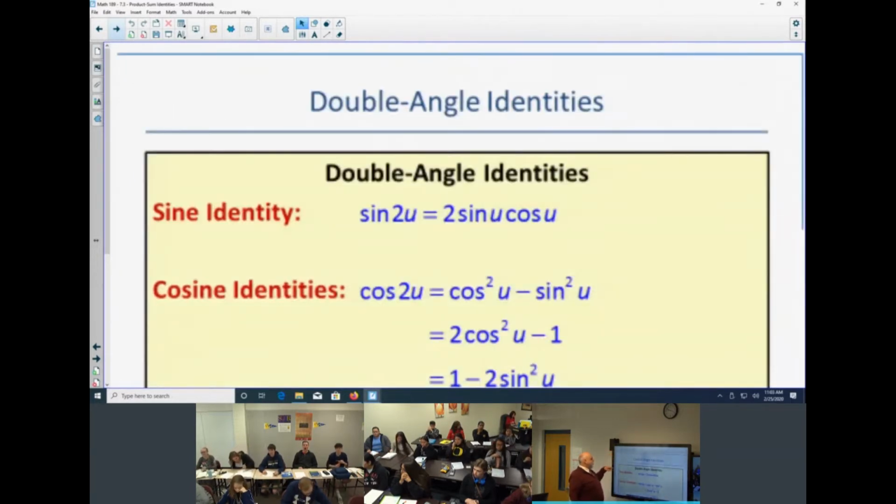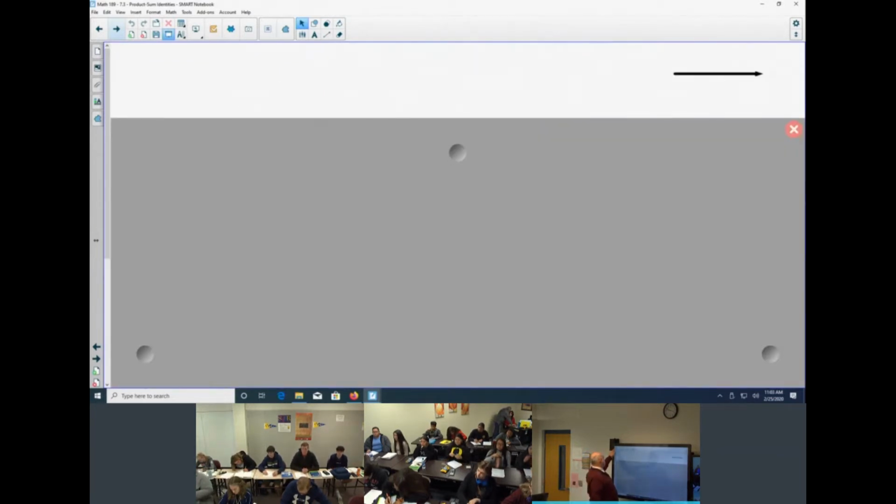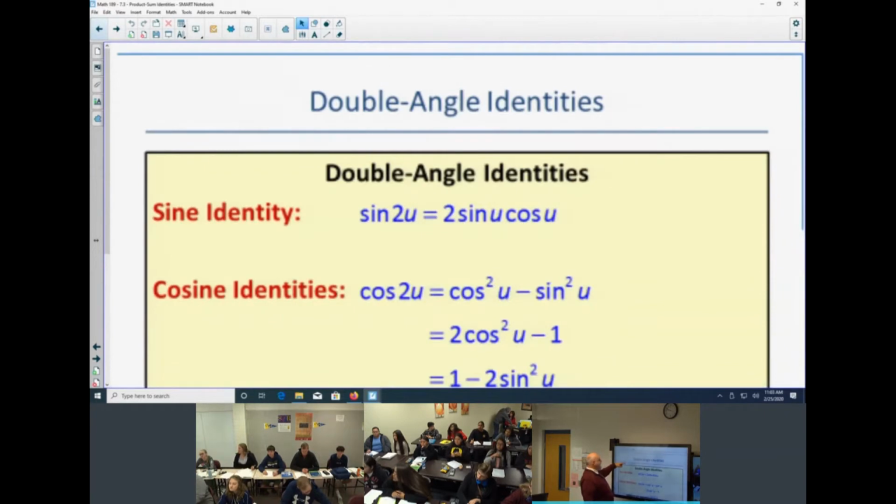So the first group are the double angle formulas. And so these are the most commonly used of all the multiple angle formulas. And so there, I asked you to go ahead and list those. Now the thing that's interesting about this is probably the sine of 2u is used absolutely the most.